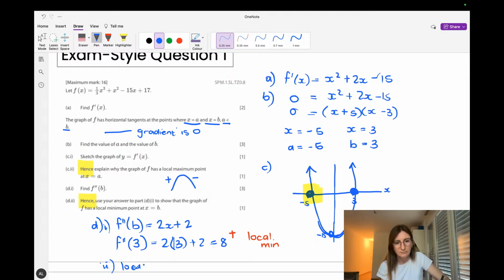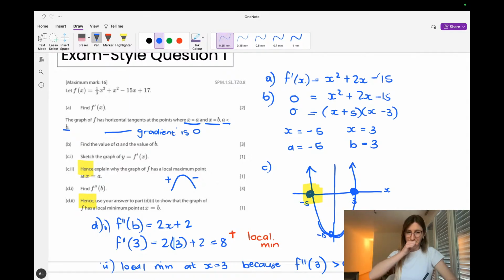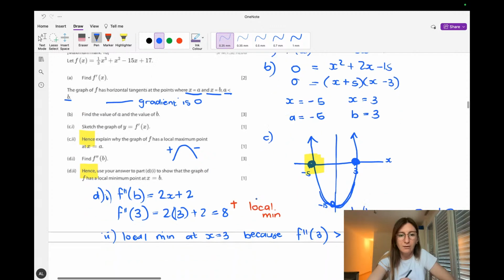Local min at x equals 3 because f, the second derivative at that point, is more than 0. So we can use that as a reason. And saying it's more than 0 is another way of just saying it's positive, a fancy way of saying it's positive. Okay, that was an example of how we can answer that kind of question.